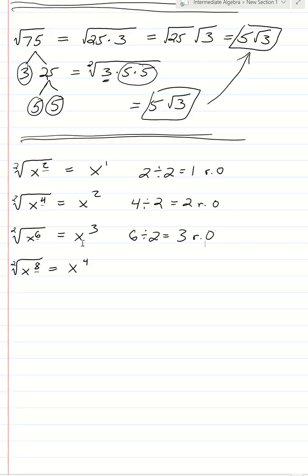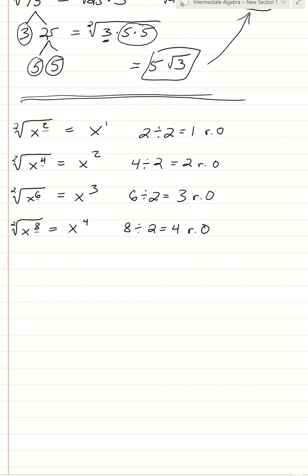And that means we're going to have x to the 3rd power as our solution. And even over here, the square root of x to the 8th. We take the exponent of 8, we divide it by the root index of 2, and that goes evenly 4 times, no remainder. And that's why we get x to the 4th power as our simplified radical.